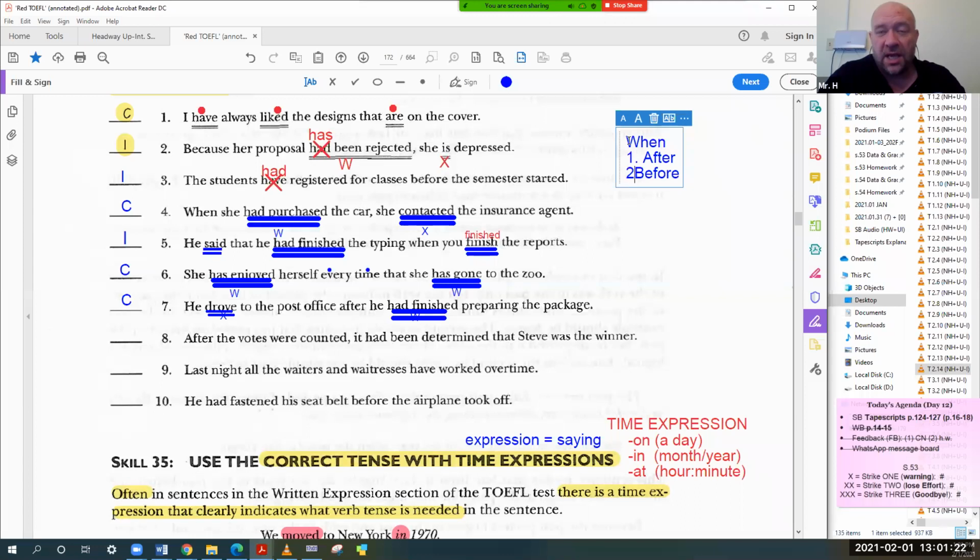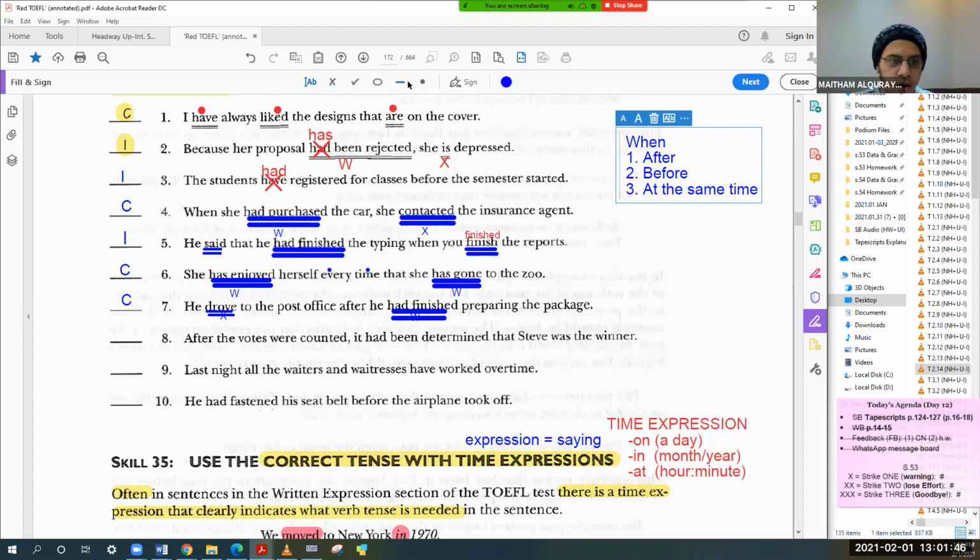You see, it depends on the situation. It could mean before, maybe after, or maybe at the same time. So it depends on the sentence. You have to look carefully at the sentence. Okay? I understand. All right, number 8.